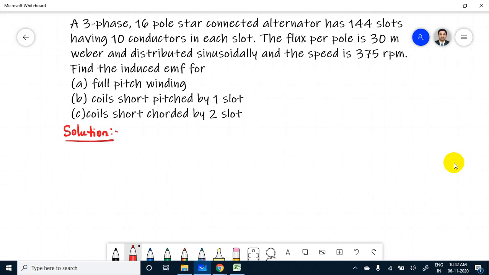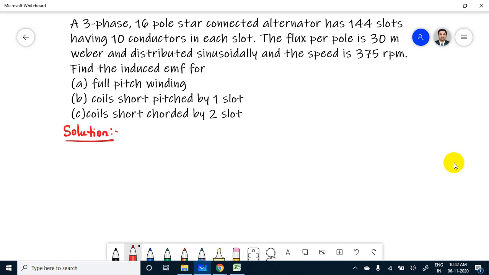In your question, what are they asking you to calculate? You are going to calculate the induced EMF. Induced EMF equations are of two types. One is E phase equal to 4.44 f phi T phase. Another is the equation in terms of factors, Kc and Kd.